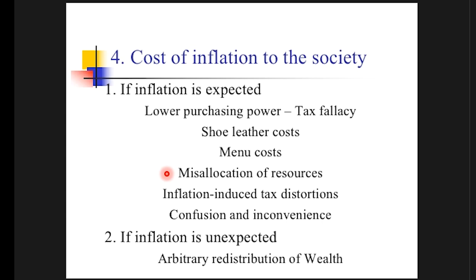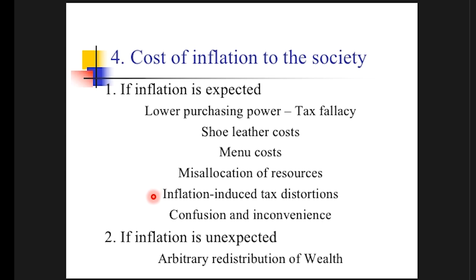But in fact, we do not produce more goods and services in the first sector. So the increase in the first sector is just the increase in the price, not the demand for resources. So there will be misallocation of resources.